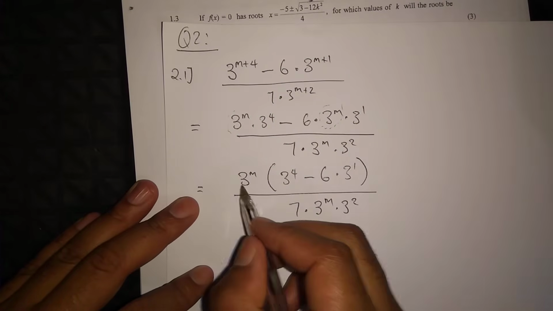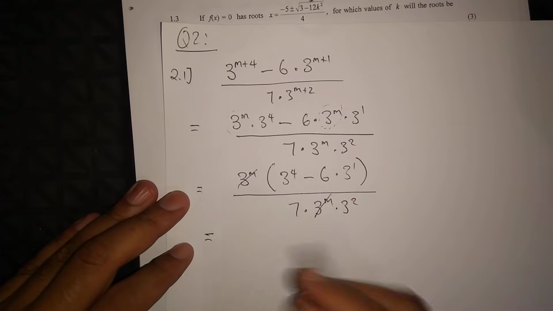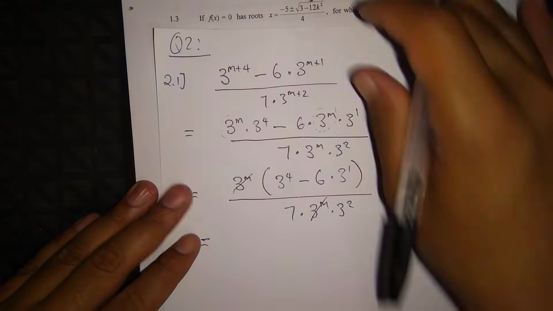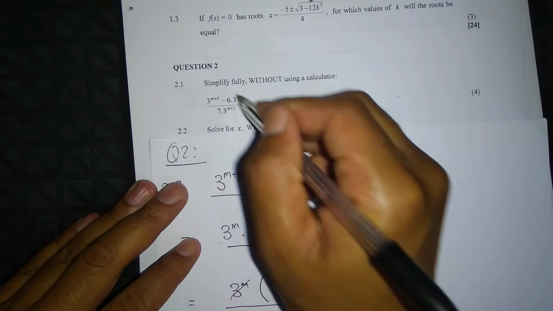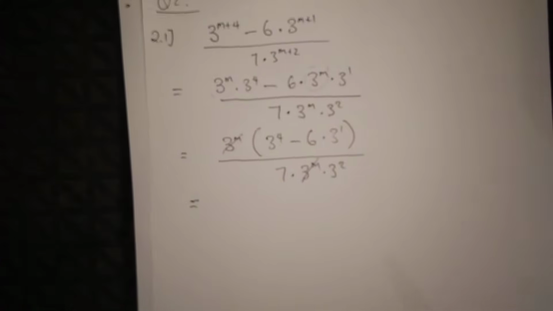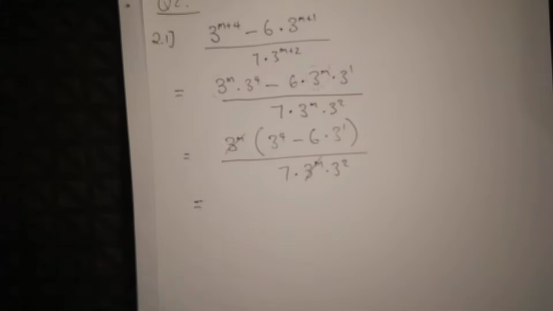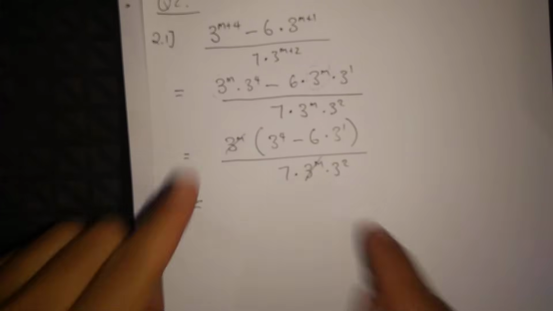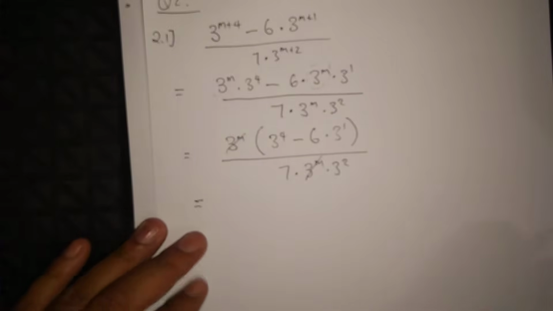We keep out 3 exponent m so that we can cancel it, because we are simplifying. We want the numerical value of this expression, so the exponents and the variables must cancel each other out.